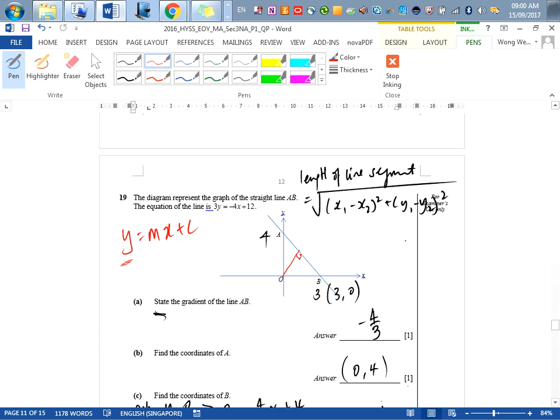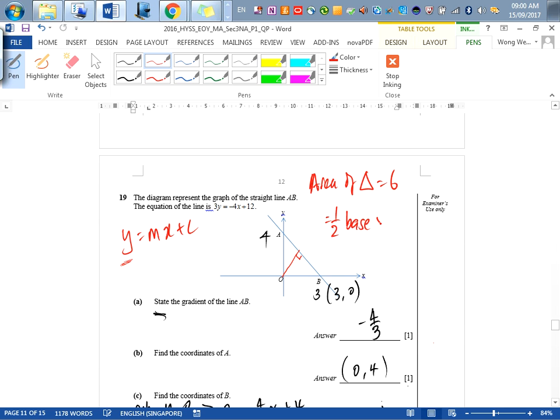Yeah, we use the area. Because area is half times base times height, right? We saw that the area of the triangle is 6. This is also equal to half times base times perpendicular height. This perpendicular height is what I have in red. Then where is this base over here?